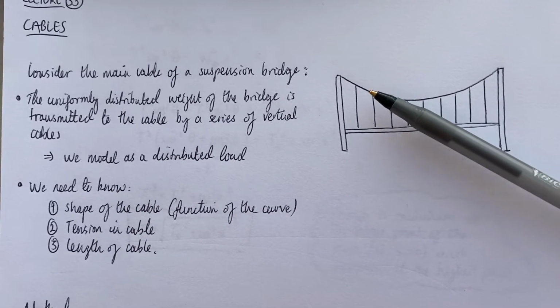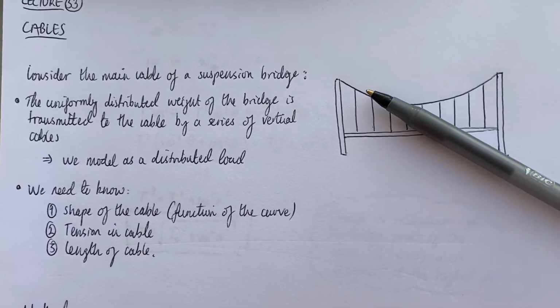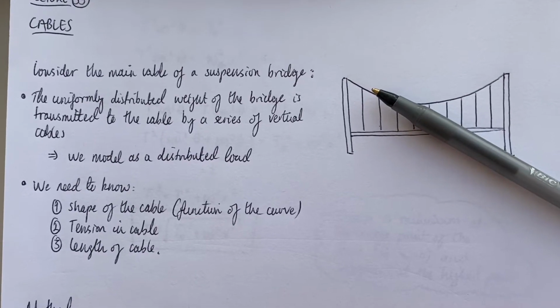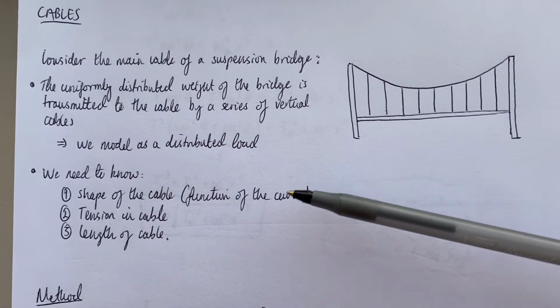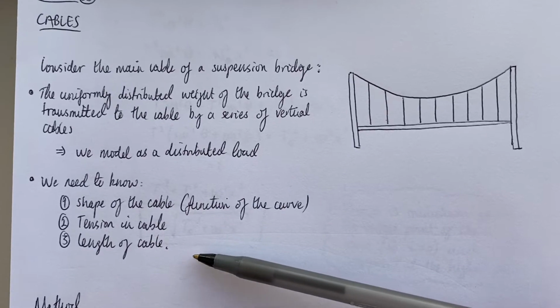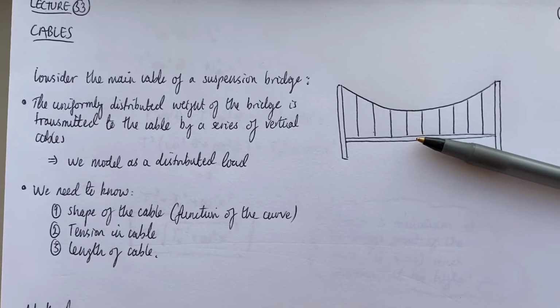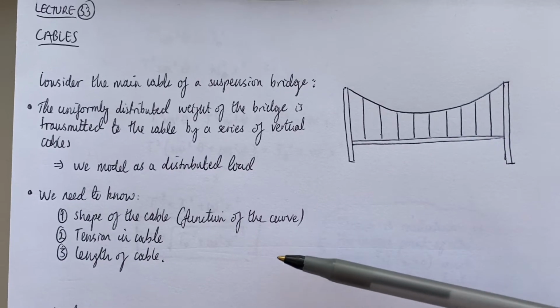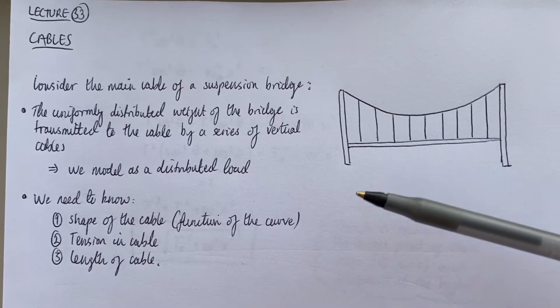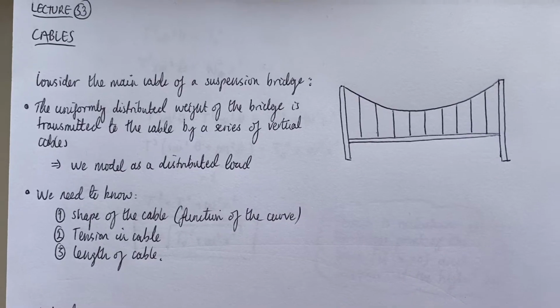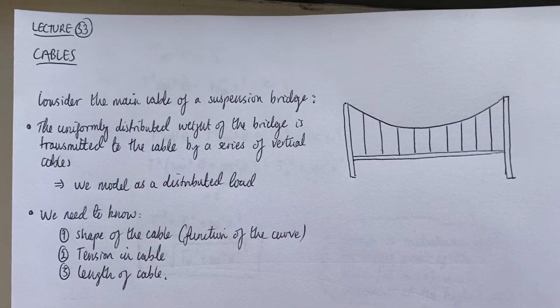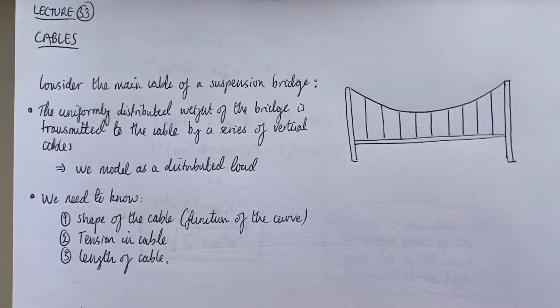And also we'd like to find out the length of this cable. So all of these three things are going to be interlinked with equations in a coordinate system which we define, so that we can find equations for the curve, equations for the length, and equations for the tension in the cable, and work out what's going on at any given point along it.